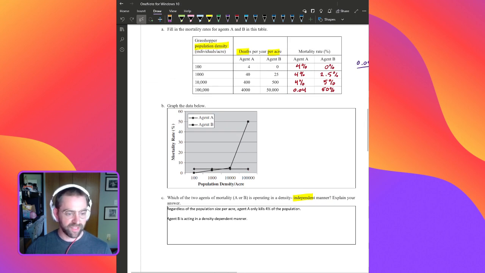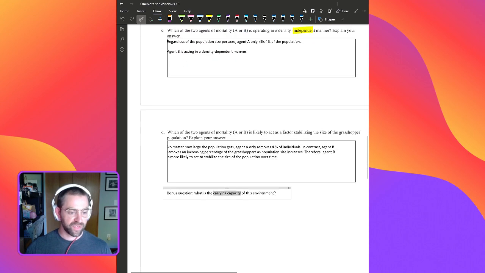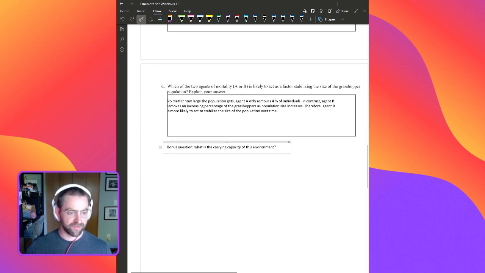The stable population, we said, was around 10,000 individuals. That was when the mortality rate through Agent B really skyrocketed. And so we could say that the carrying capacity for grasshoppers of this environment was around 10,000 individuals.